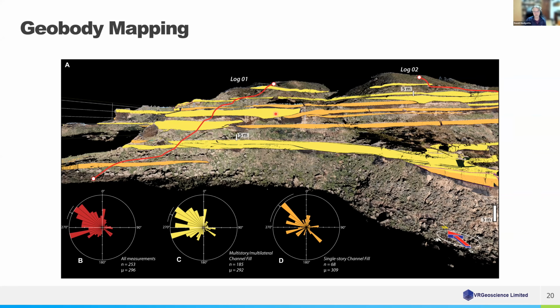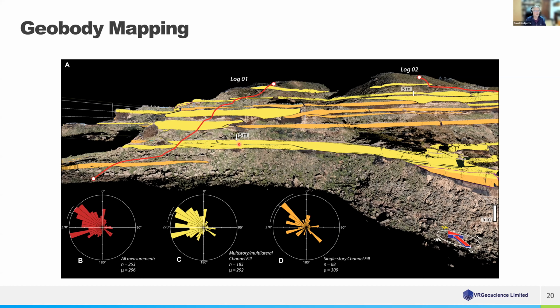There are different ways you deal with different types of channel, but really what we wanted to do was understand the channel geometries, right? So at the time of deposition, what was the width of the channel and what was the depth of the channel?